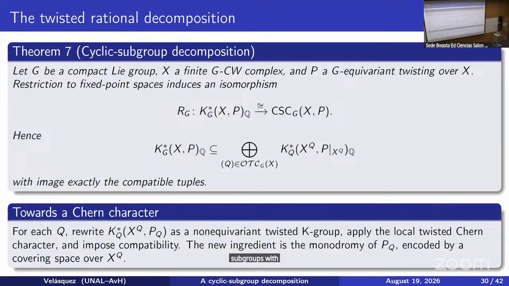Then the idea is, if we want to define a Chern character, we need to express this twisted equivariant K-theory group with respect to cyclic subgroups in terms of non-equivariant twisted K-theory groups. To do that, we need to consider the monodromy of the twisting encoded by a covering space.